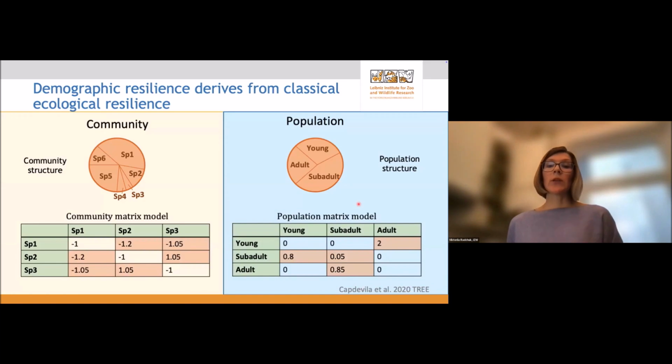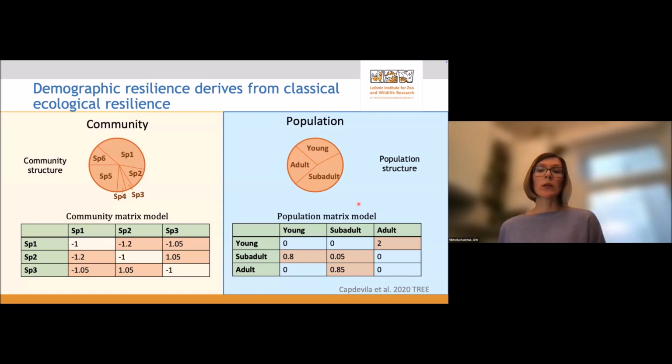Another similarity is that in a community matrix model, each cell reflects the effect of the abundance of a species in a column on a species in a row. And the diagonal shows the effect of the abundance of this species on itself. So that's what we usually call density dependence.